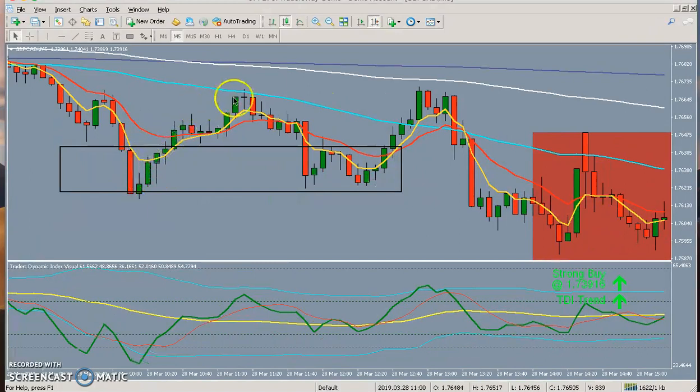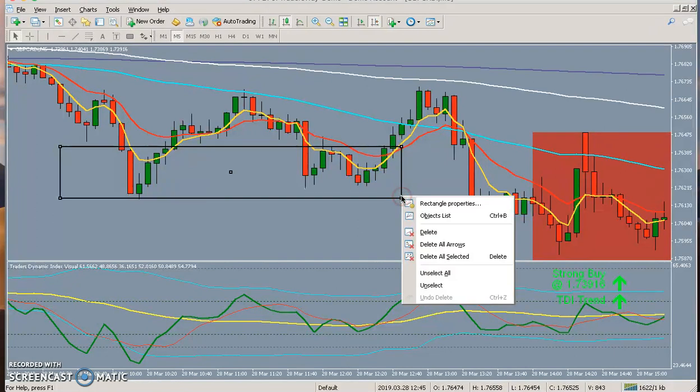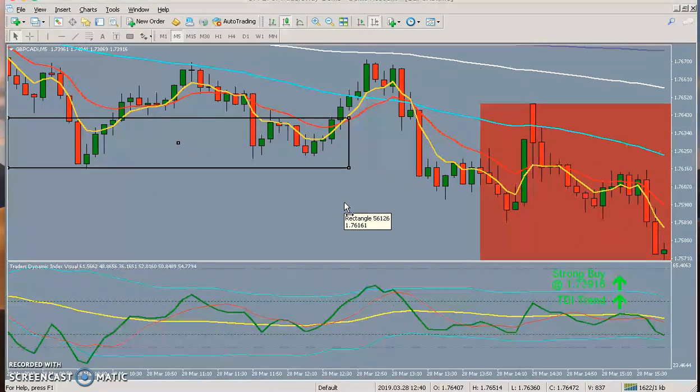Right? It came back, it crossed, but it didn't touch. So I'm not taking that trade. That's not a trade I would take because it didn't touch. I'm leaving that alone.